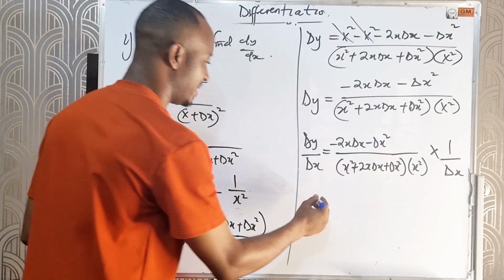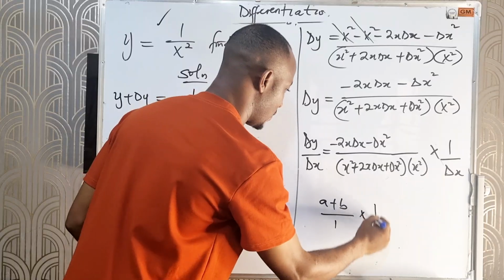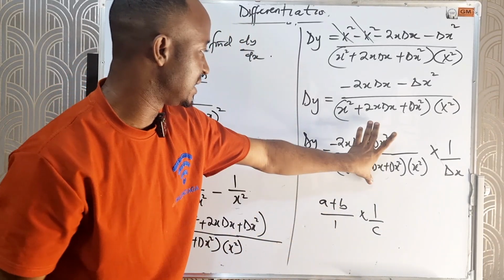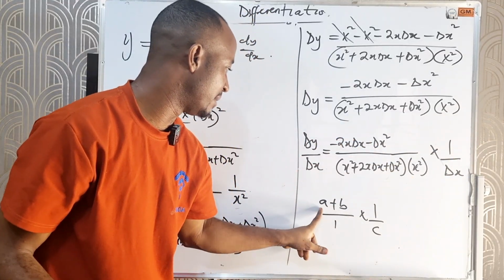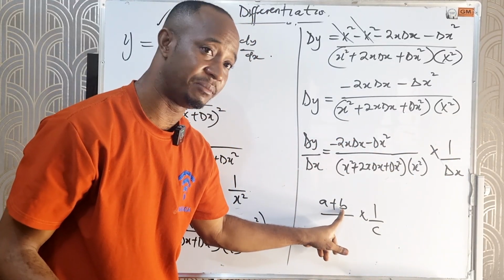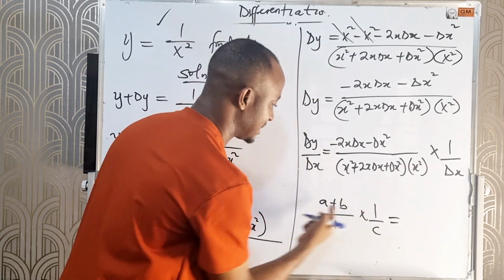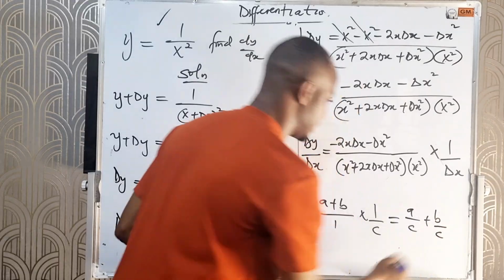Let me explain something. In mathematics, I have a plus b, let's say over 1 times 1 over c. A plus b over 1 times 1 over c. This c will be affected by both a and b. The expression for this becomes 1 over c times a gives us a over c plus b over c.